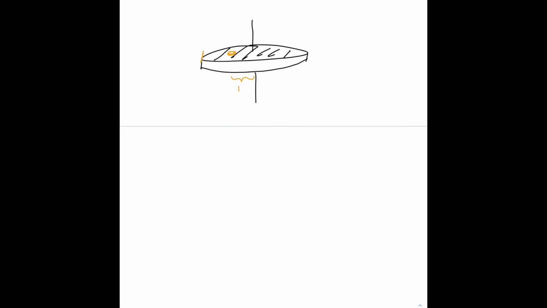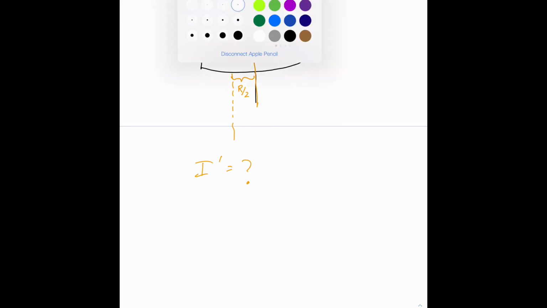So this distance we can say is r over 2. And then we make a new axis and we rotate about something passing through that hole. Notice that the original axis and the new axis lie parallel to each other. So what is the new rotational inertia now that we've made this shift?